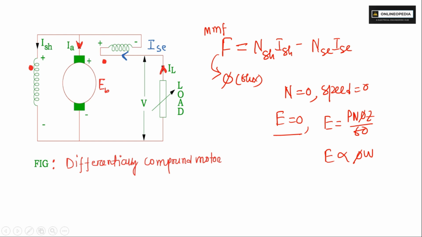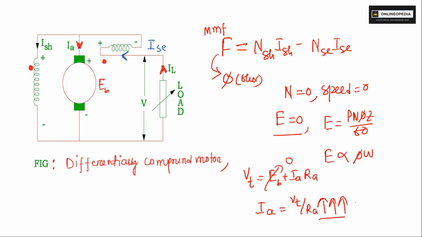So if EMF is 0, then for a motor, we know that the terminal voltage Vt is equal to Eb plus Ia into Ra. If Eb is 0, then Ia will be Vt by Ra. Then Ia will be very high because Eb is 0.